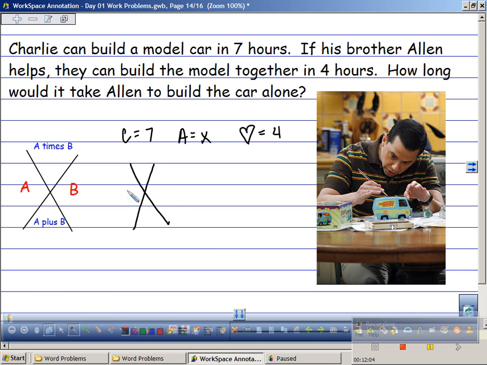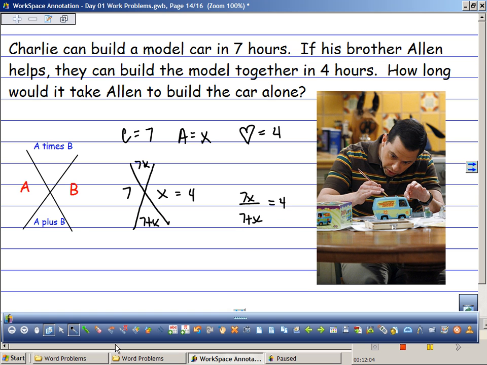Let's do the x. What goes here? And here? 7x and 7 plus x. Can be done together in 4 hours, so our ratio is 7x divided by 7 plus x equals 4.